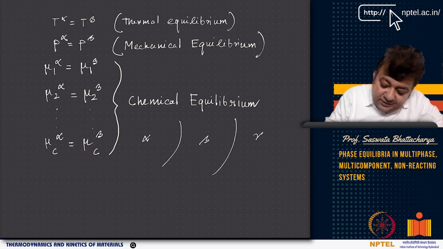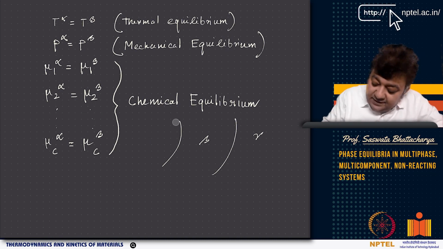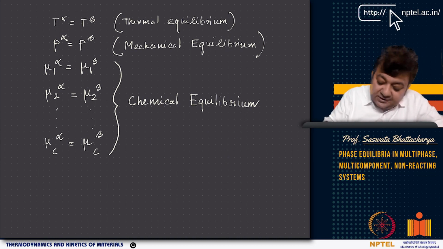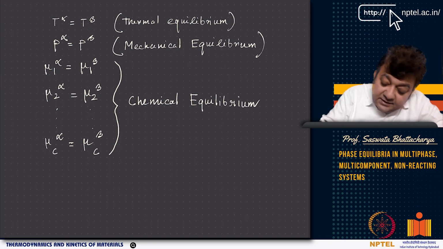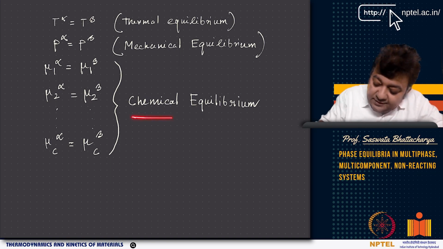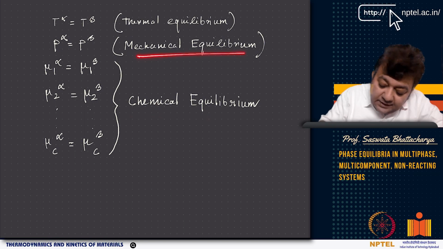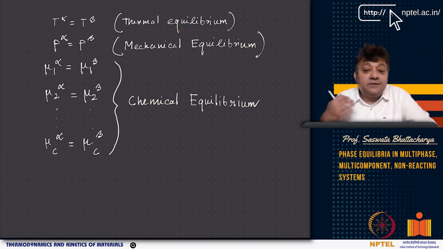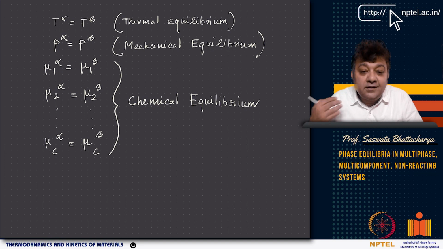Again you will have mu1 alpha equals mu1 beta equals mu1 gamma if these phases are in equilibrium, correct? All these chemical potential equalities are chemical equilibrium conditions. So chemical equilibrium, mechanical equilibrium, and thermal equilibrium are the three major equilibria that we will look at.